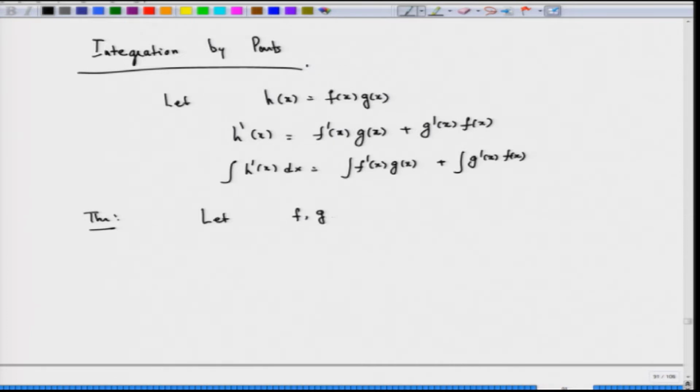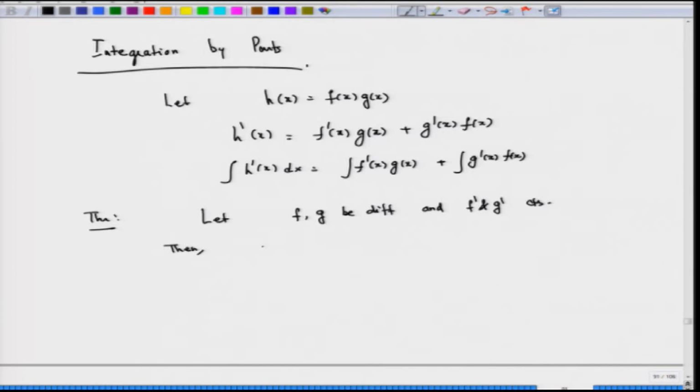So, now the theorem is that let f, g be differentiable and f prime and g prime continuous. Then we know that f, g, f prime, g prime, all of them are Riemann integrable functions, and the products f prime g and g prime f are also Riemann integrable.